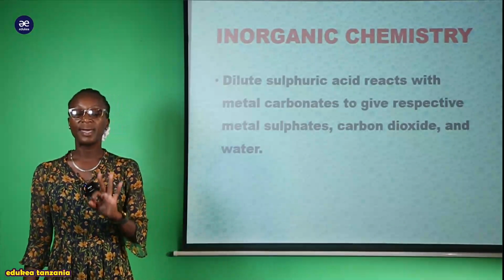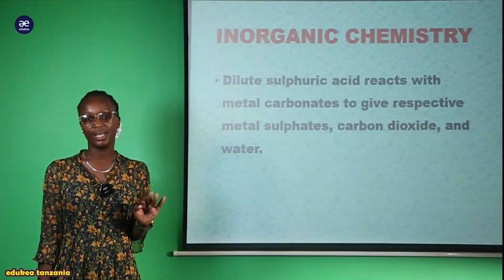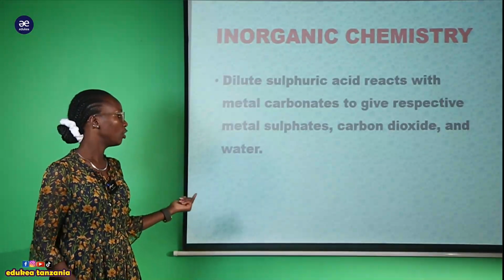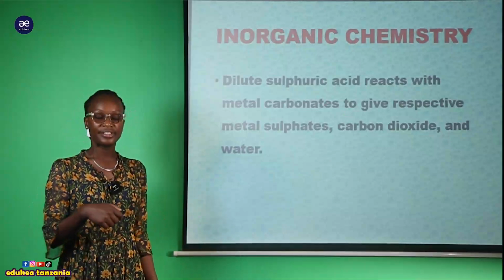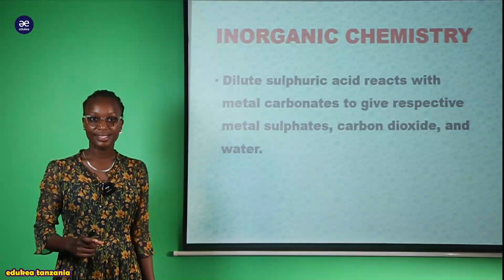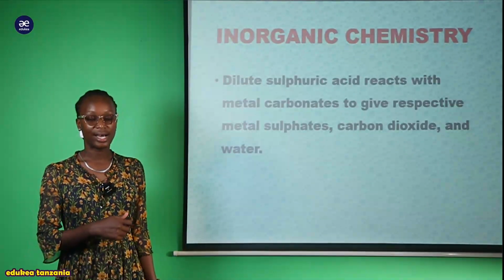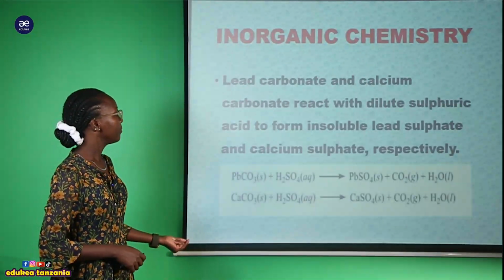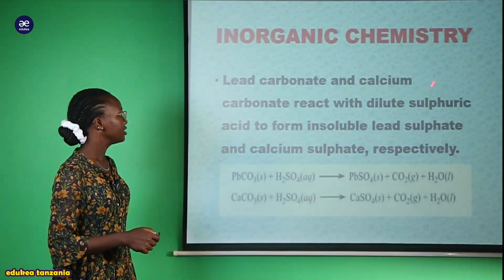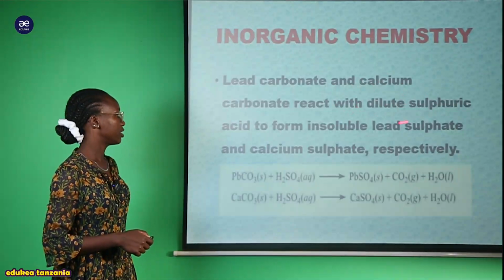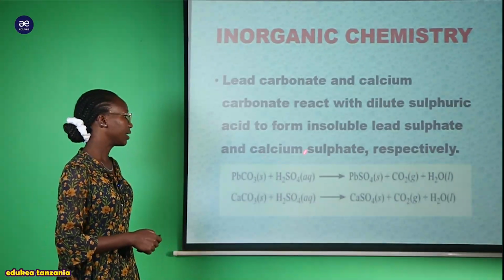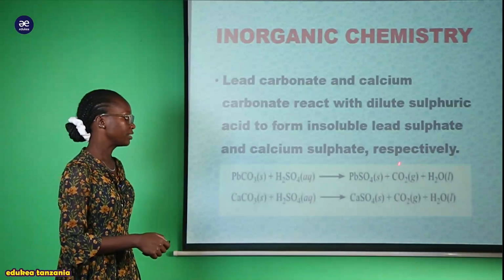Ina maana tunaenda kupata mainly respective three product, the sulfate of metal, or we can say metal sulfate, but also lazima to release your gas, and finally we have to release the water molecule. For instance, let us see this one. Anasema the lead carbonate and calcium carbonate react with the dilute sulfuric acid to form the insoluble lead sulfate and calcium sulfate respectively.